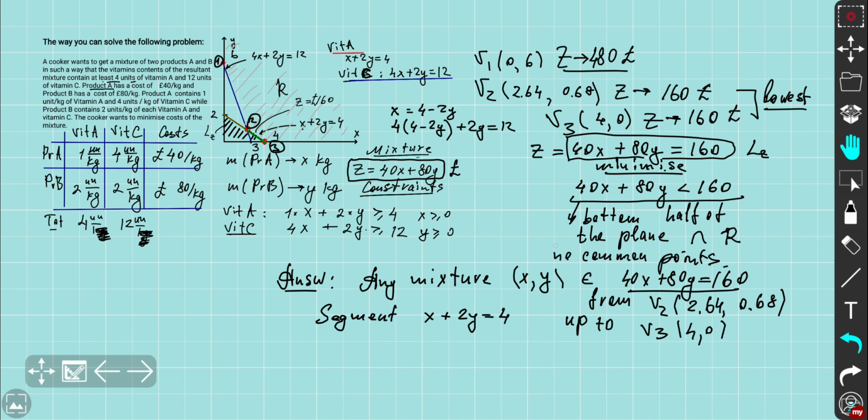If there are no common points, that becomes the minimum, because they have it at 2 vertices. That means it will be on the whole segment. According to the example we saw before, it is going to be on a full segment connecting those 2 vertices. All right, and the minimum value for the cost is going to be 160.